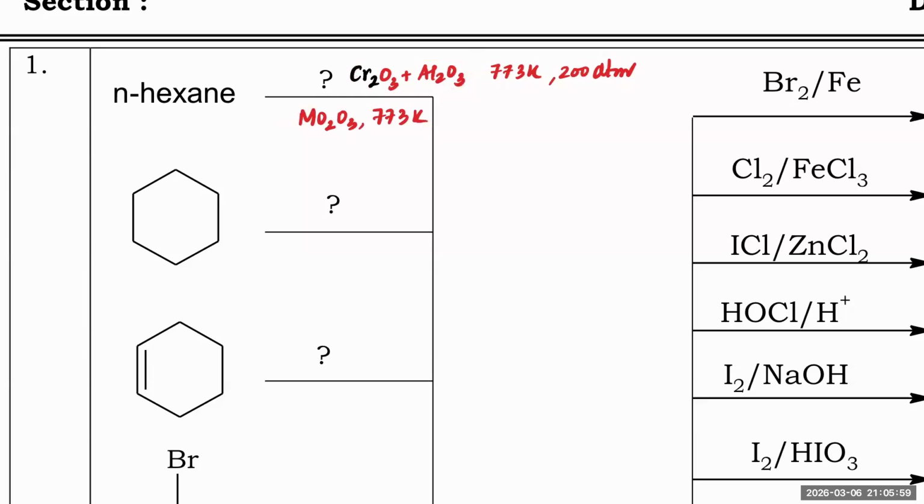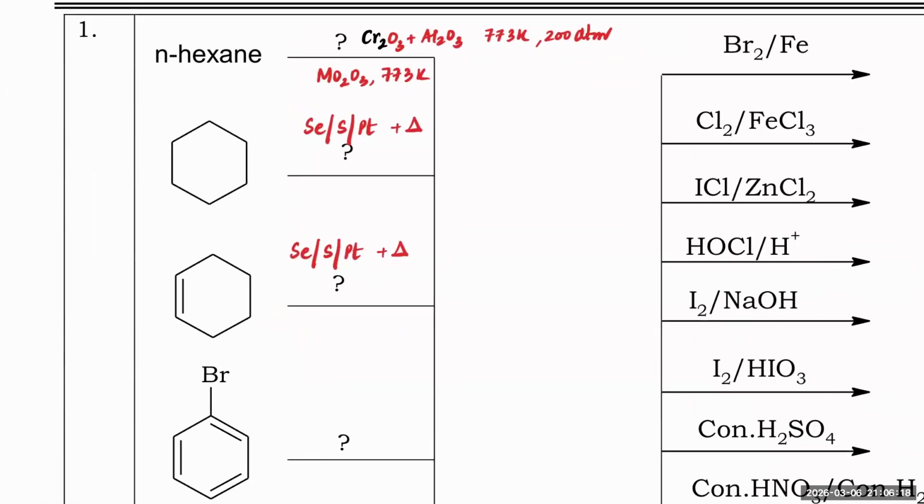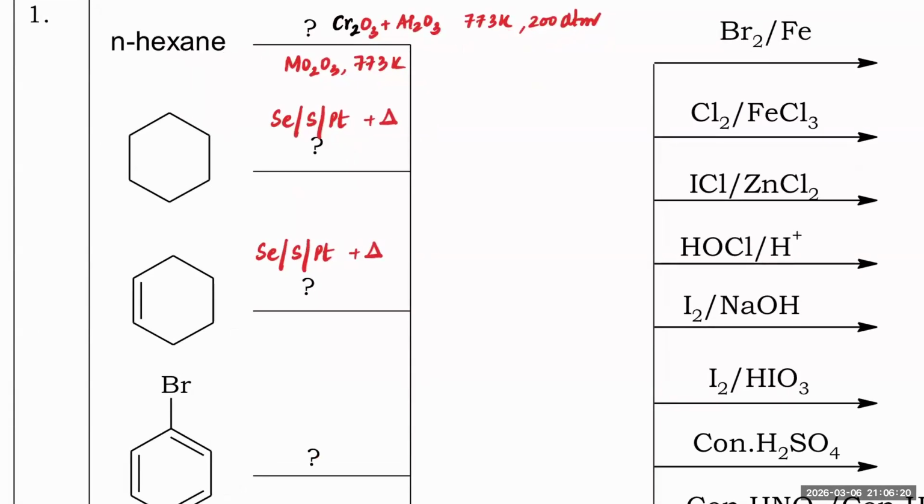Next, if you already have a cyclohexane, in that case, we can simply use selenium, sulfur, or platinum and heat. That's it. And the same thing can be done even if you have an alkene also. All of you please try to recall that. This is all we have done through the notes.